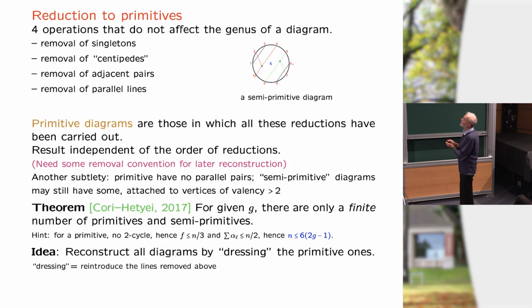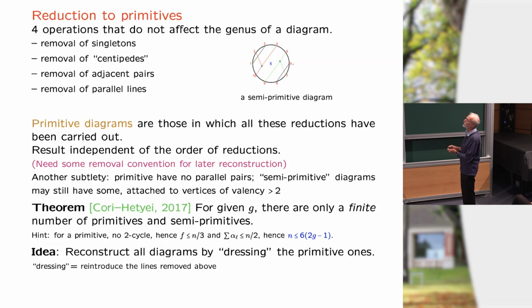You notice that because of the removal of singletons, it's easy to see that each vertex is of valency larger or equal to 2, and therefore this inequality holds.